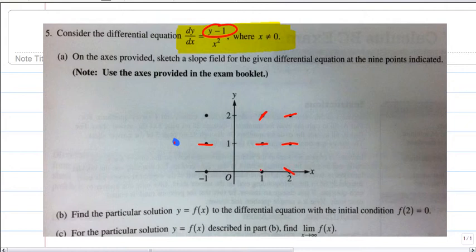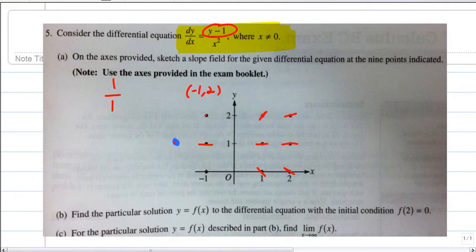Okay, this point here. x is 1, y is 0. So that's a slope of negative 1. This line would have a slope of negative 1. Alright, we're killing it. Negative 1, 2. x is negative 1, so the bottom's going to be 1, and the top is 2 minus 1, which is 1.